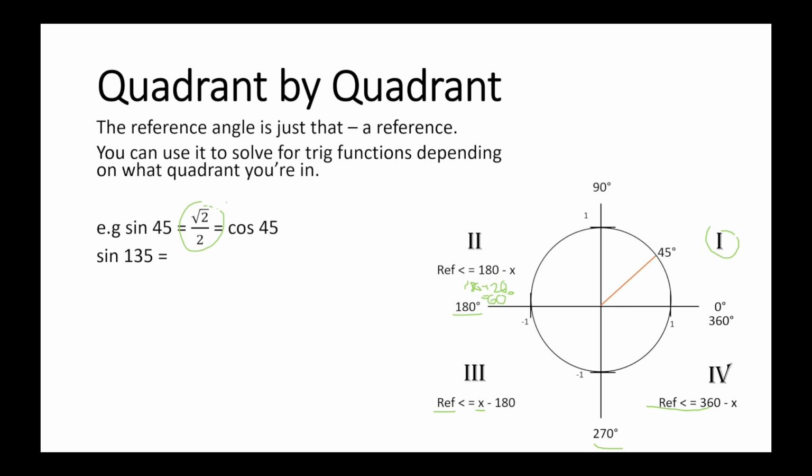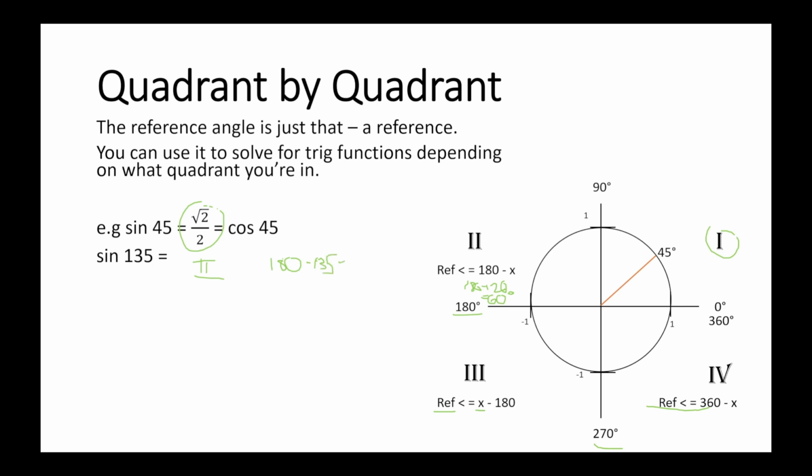The first thing I would do is find a reference angle. I would see what quadrant it falls in. It's in quadrant number 2, between 90 and 180. So I would use my formula here, 180 minus 135.